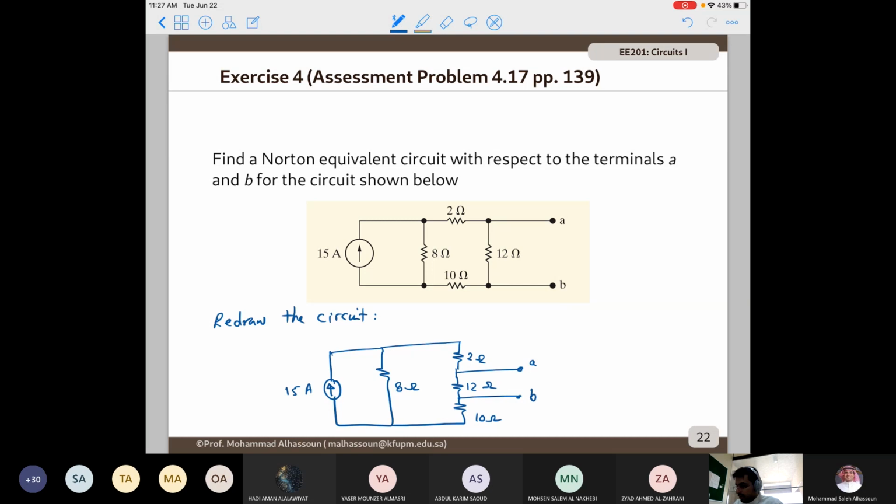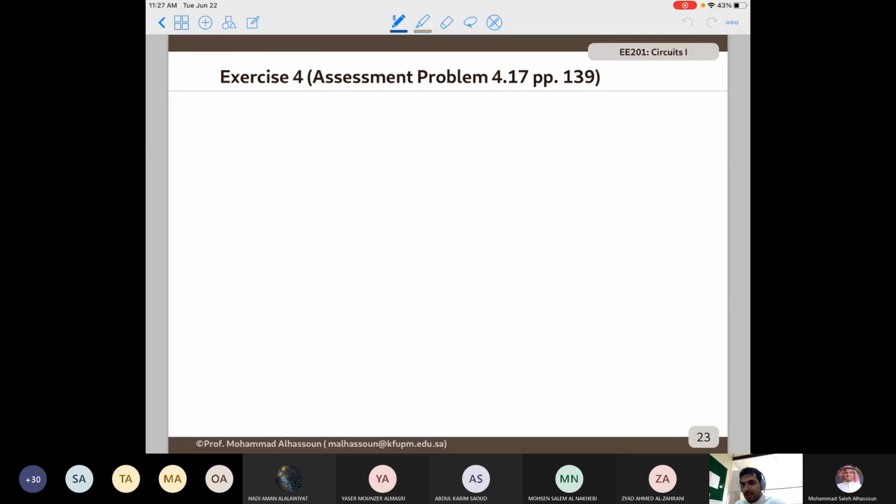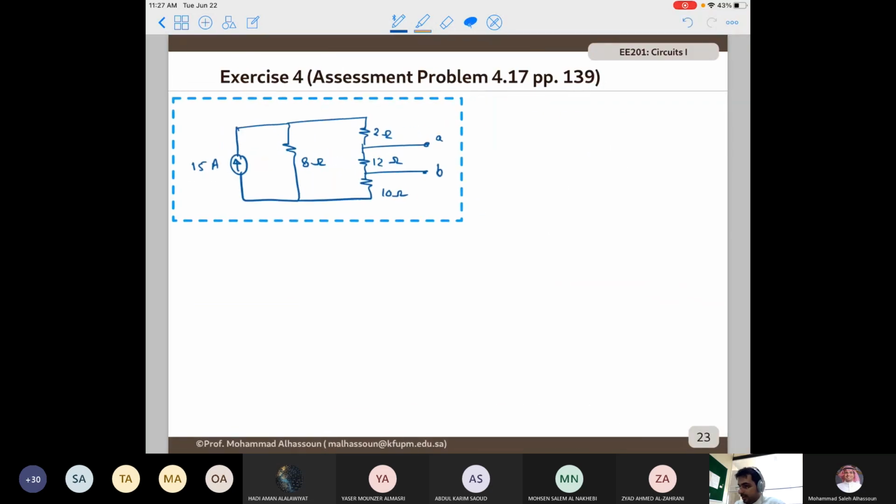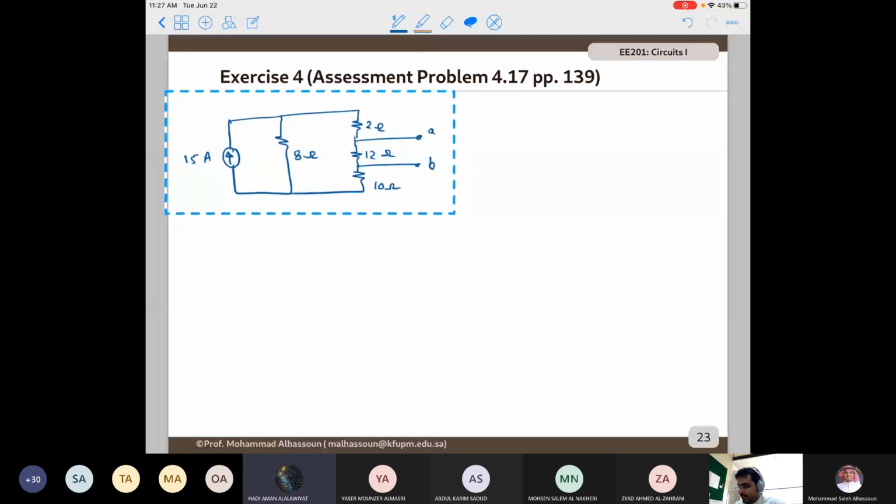Anyone? Okay. Why is everybody scared? Okay. Hadi: Can I use the current divider? Yes, you can use the current divider, but you need to make one specific simplification.